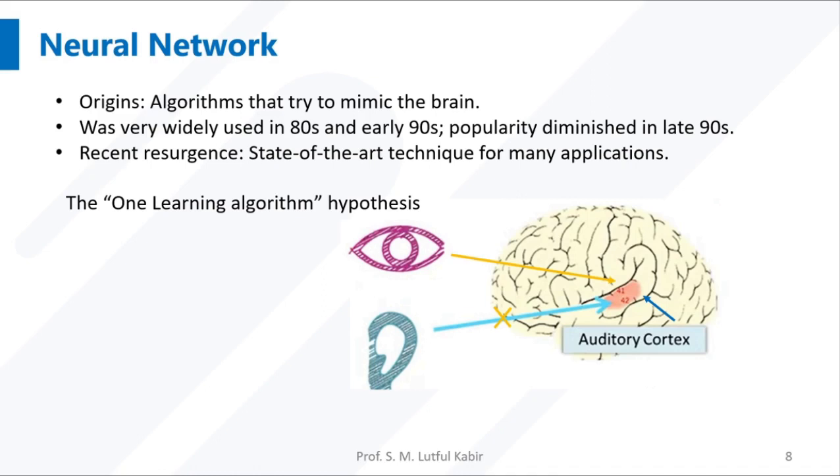So in the next few slides, we will start diving into the technical details of neural networks so that you can apply them to modern day machine learning applications and get them to work well.